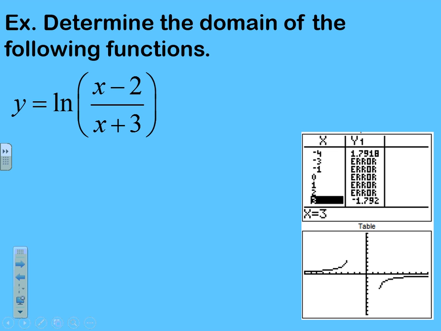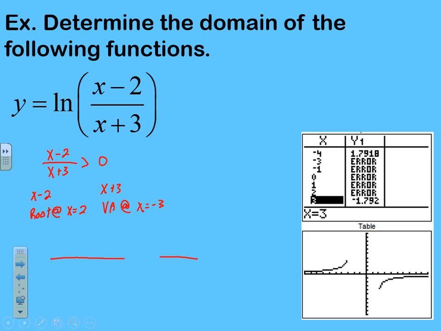So this one, the function in the parentheses of the logarithm is a rational function, meaning that if we set that greater than 0, then we're going to have some function where I'm going to have x minus 2 that would give me a root at x is equal to a positive 2, and the x plus the 3 that would give me a vertical asymptote at x is equal to negative 3.